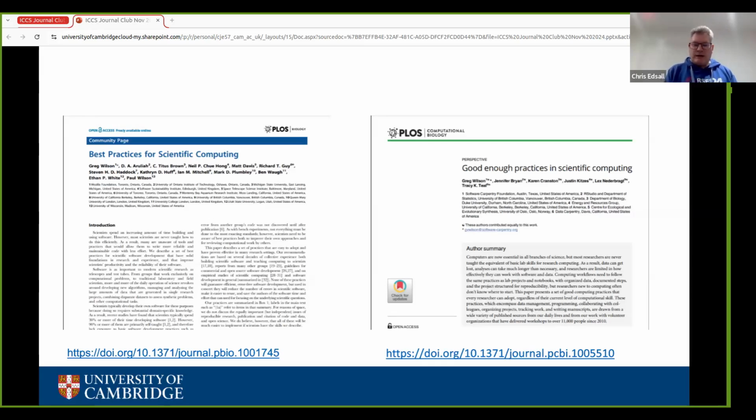Writing perfect software isn't aligned with their main goals, and so the second paper, the Good Enough Practices, was basically the minimum viable product, the minimal set of practices you could get by with for doing research software.